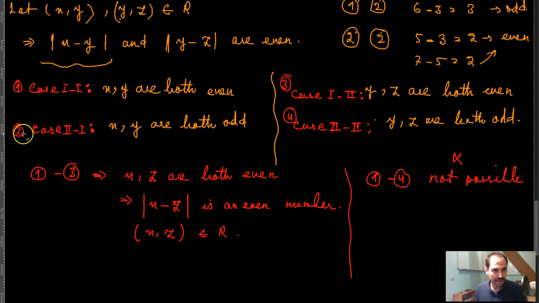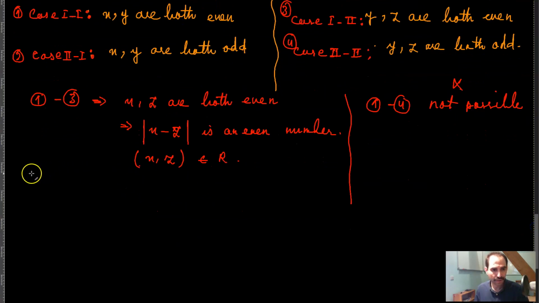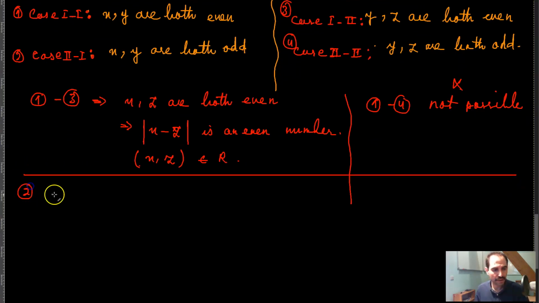Now if I consider case 2 with 3, here I'm saying that x and y are both odd, and here I'm saying that y and z are both even, which is not possible. Because here y is odd and here y is even, and so of course y cannot be simultaneously odd and even, so we cannot consider this case.